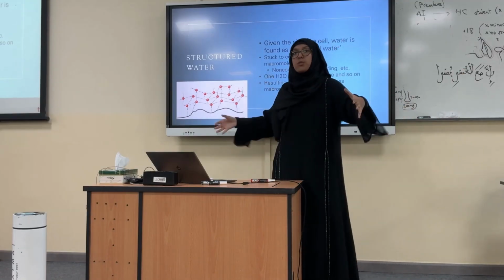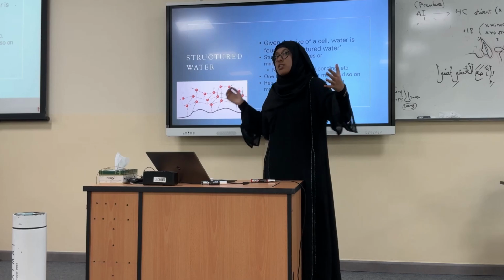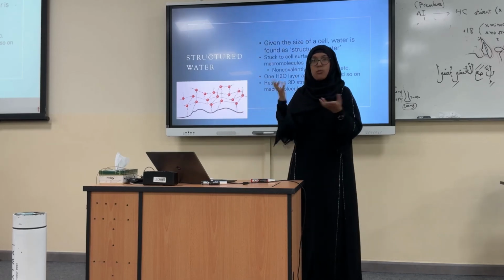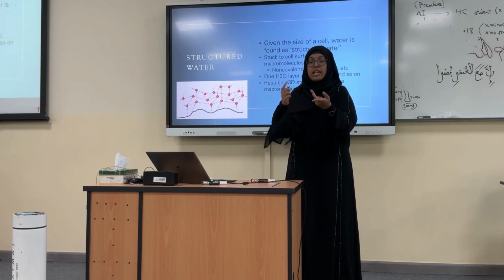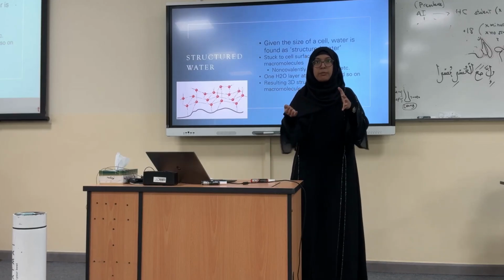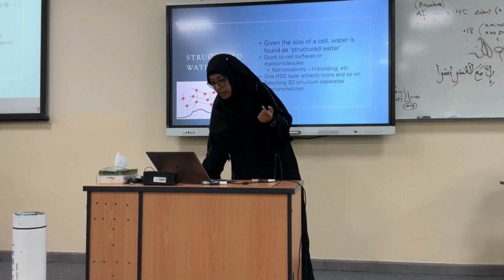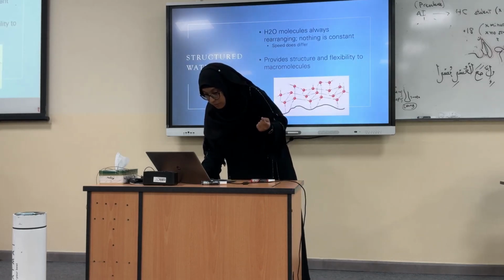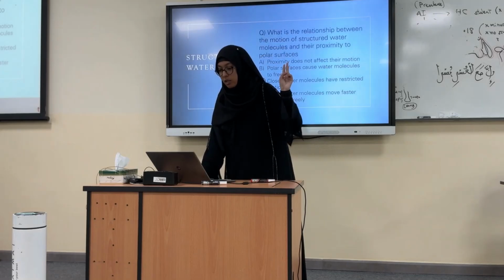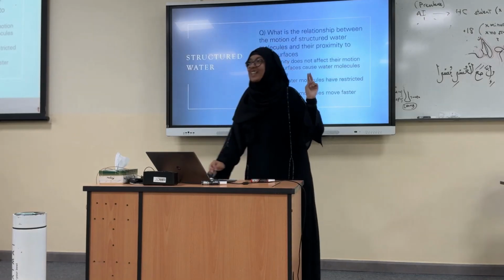It's a network of these water molecules in a 3-dimensional structure. So it forms like a shell, basically, right? And what does the shell do? It protects, it separates, and since it's water that's forming the shell, it gives flexibility and structure, okay?